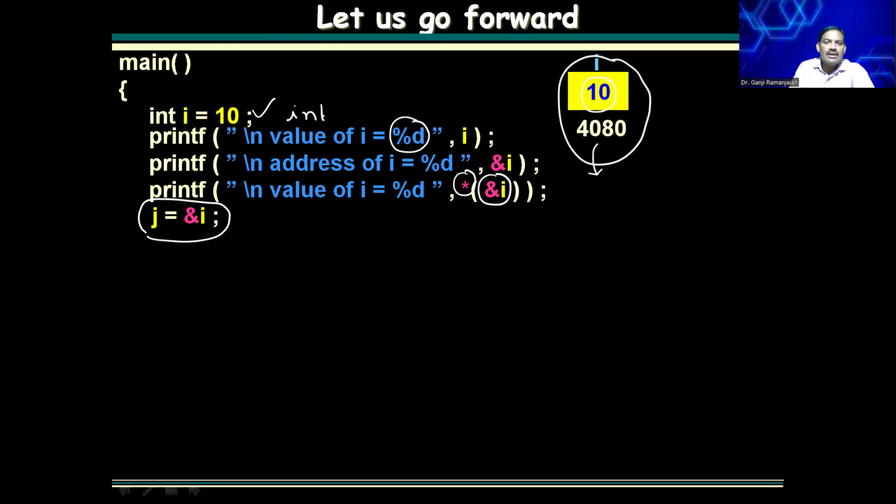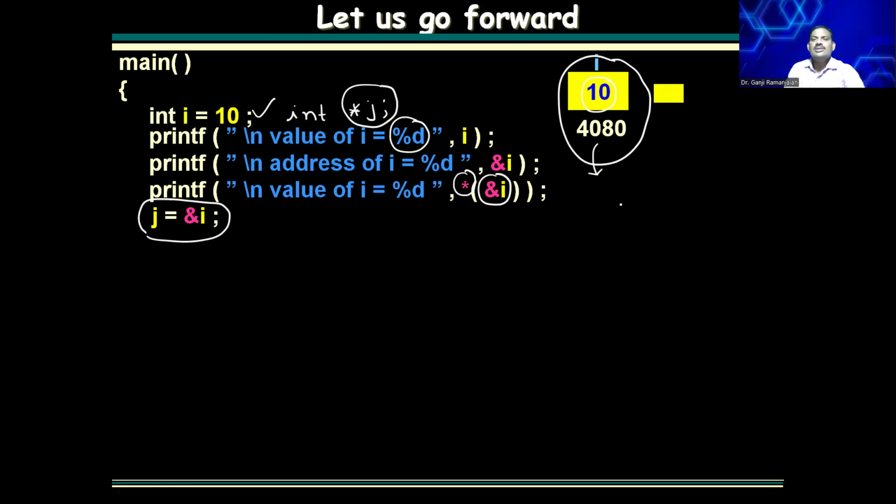J holds the address of a variable, so J must be a pointer type variable. Which one holds the address? Pointer variable. J is equal to ampersand I. What is ampersand I? Address of I.